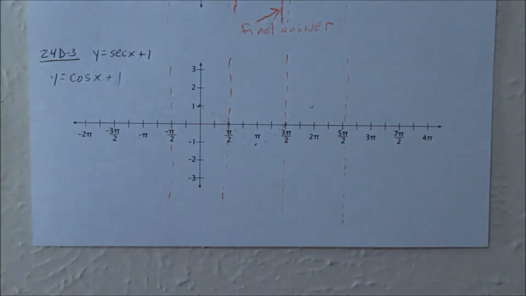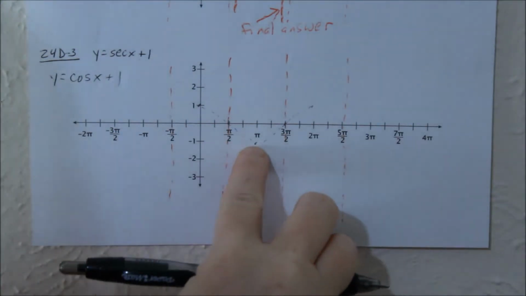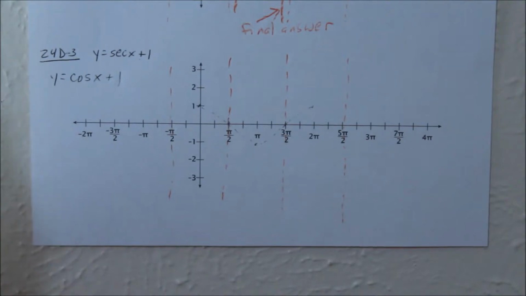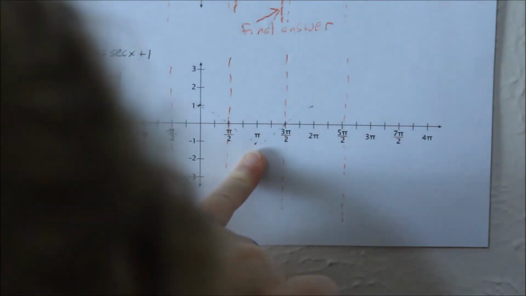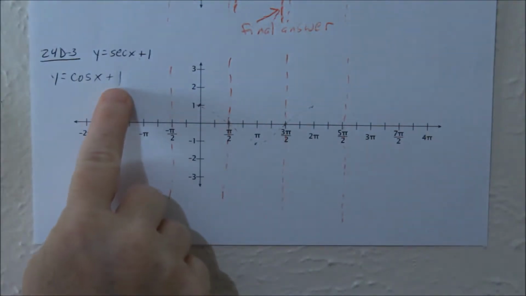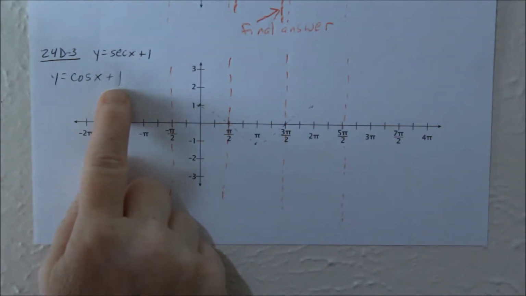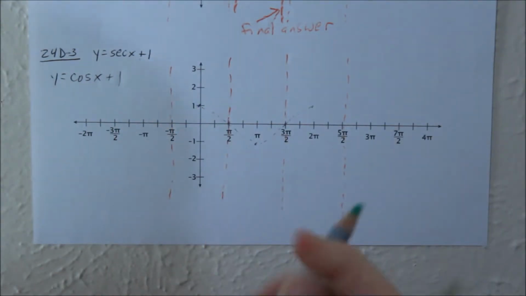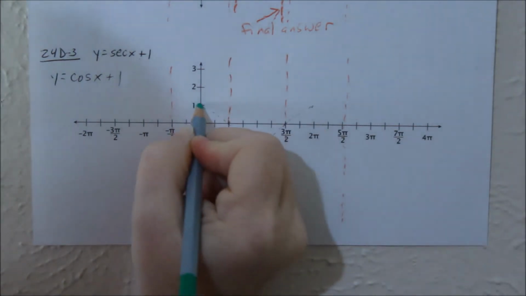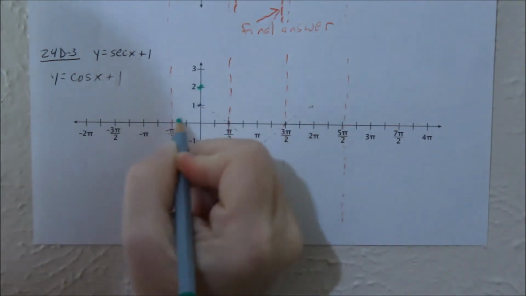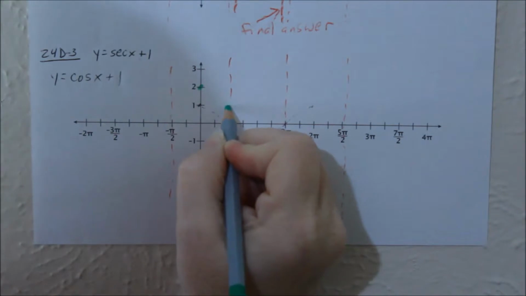Okay, now that I did that, I'm going to make my changes to my cosine. That's basic cosine, but I need cosine x plus 1. Plus 1 means translation up 1. So I take each one of my dots and I move them up 1. It's just like last lesson. Take this dot, it goes up 1.